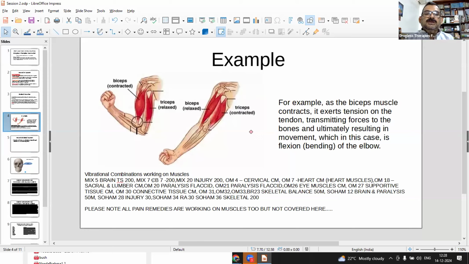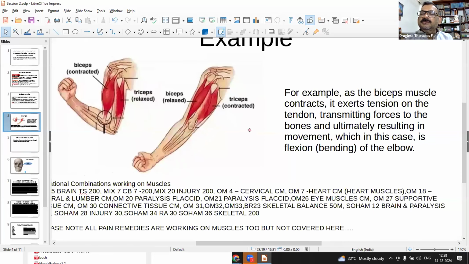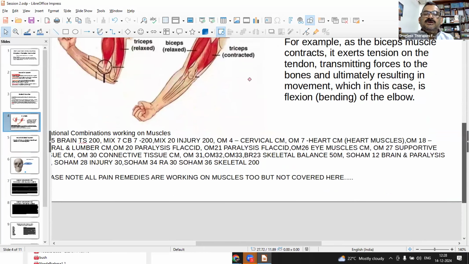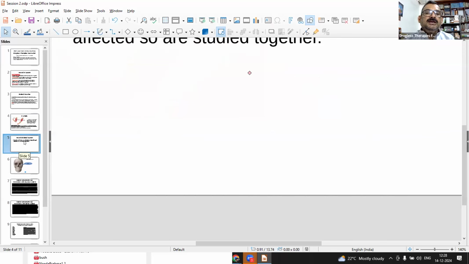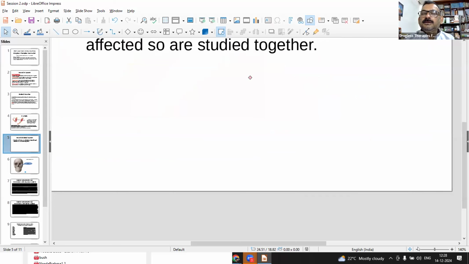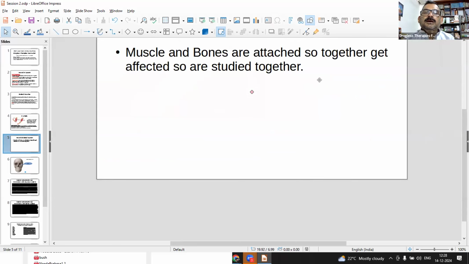You see that vibrational remedies are helping our muscles and skeletal system, and we have covered much more than this also, like gout and supportive tissues, and everything whatever we have done here. That's why we have to study it together, because muscles and bones are attached together.